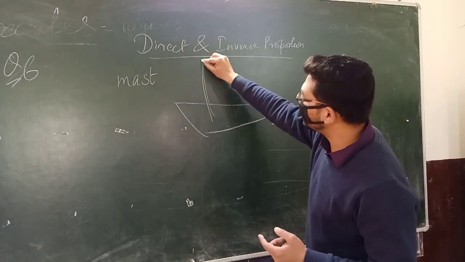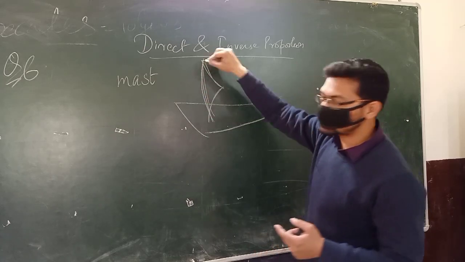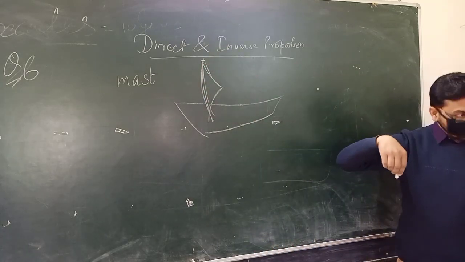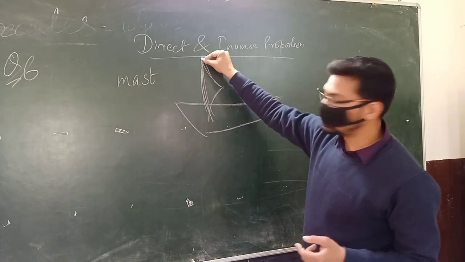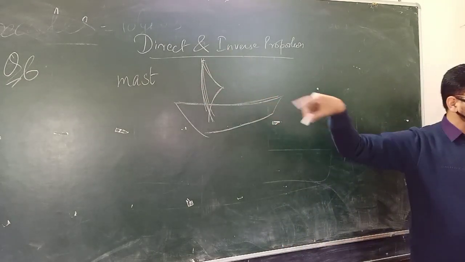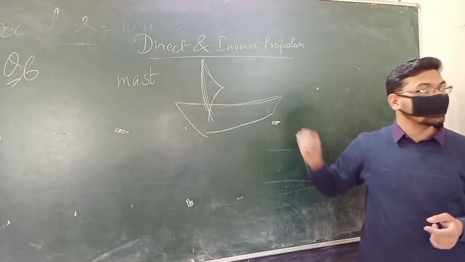So mast is something like that. आपने देखा इस तरीके से उसमें एक लगे होते हैं. So this is mast. जितना बड़ा ship होगा उतनी उस mast की height होती है. The height of mast is proportional, or I can say directly proportional to the length of this ship.